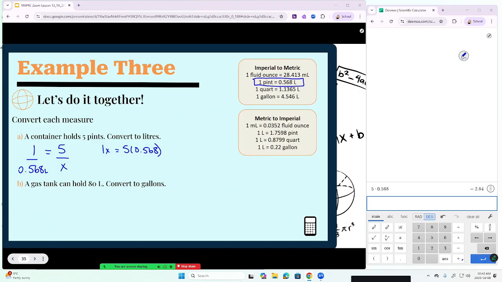That means x equals 2.84 liters. Therefore, 5 pints is equal to 2.84 liters. Or you can say a container that holds 5 pints is equal to 2.84 liters.